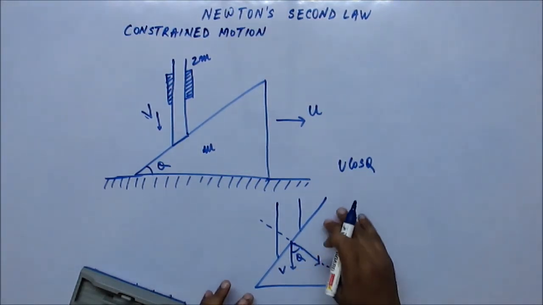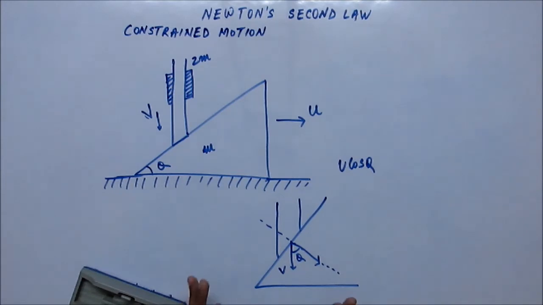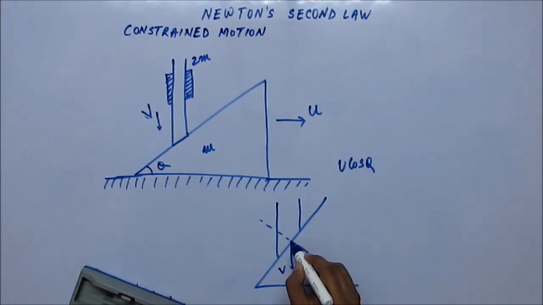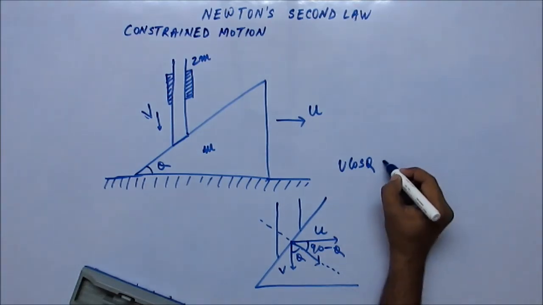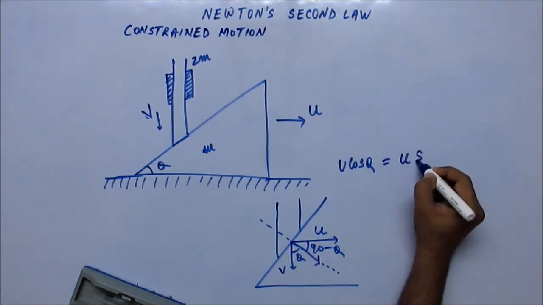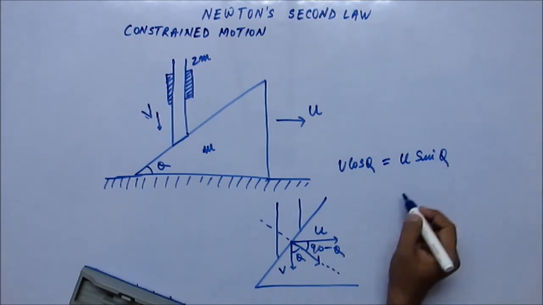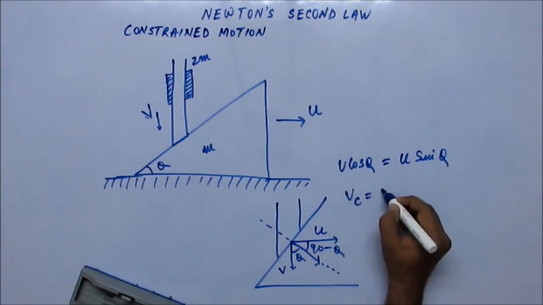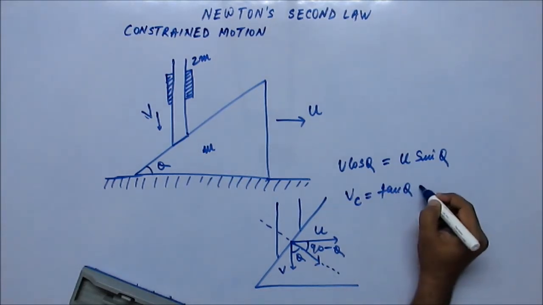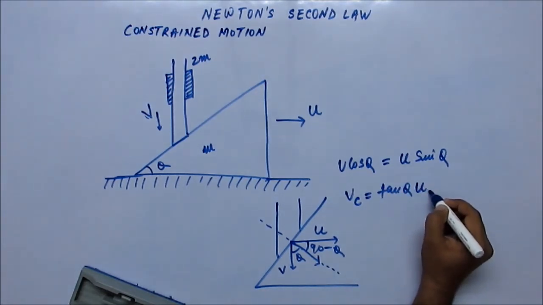Now the wedge should also have the same velocity in this direction, only then there will be no relative velocity. The wedge has a velocity horizontally, u. This angle is 90 minus theta. So its component is u sin theta, right? So this is u sin theta. So the relationship between the velocities will be, velocity of column will be equal to tan theta times velocity of wedge.